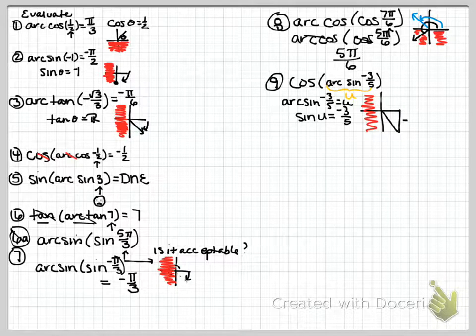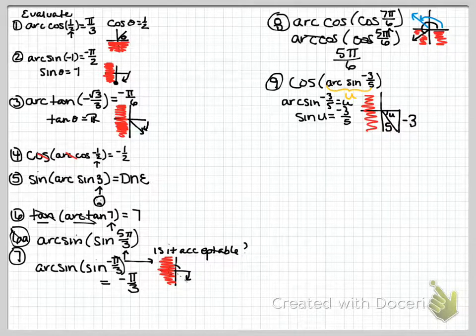So that means my opposite side is 3. My hypotenuse is 5. Your hypotenuse can never be a negative number, by the way, because it's a distance. It's your radius. And this is my u value. So that's my angle. Now I have to find the remaining part of my triangle, and I'm going to use Pythagorean theorem.